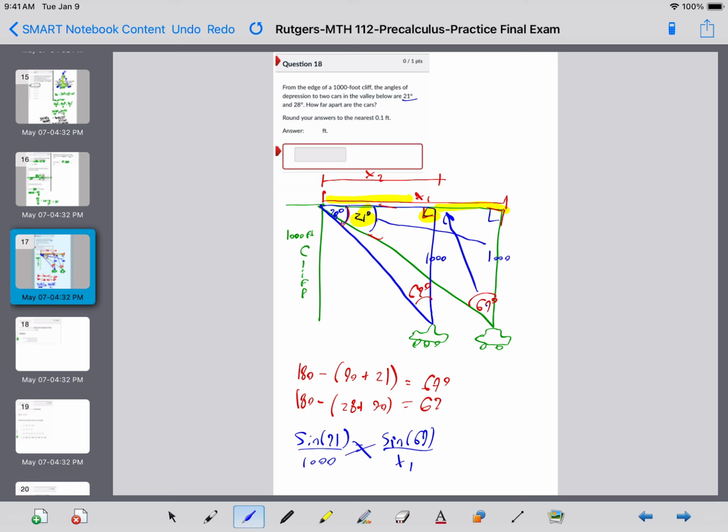Cross multiply and then divide, which will lead to x1 equals 1,000 sine of 69 over sine of 21. Make sure you're in degree mode because they're using degrees. And that is approximately 2,605.089065.